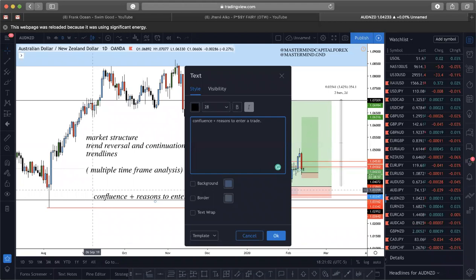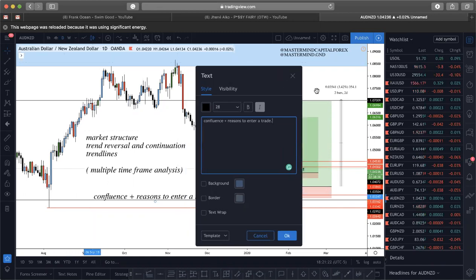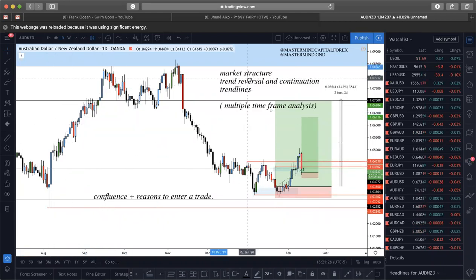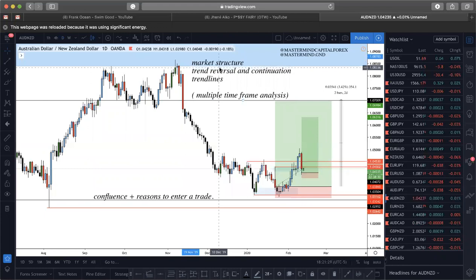So we have to understand market structure, which was taught in a previous lesson, but we're going to go a little more deeper into it. And these confluences, right, all tied into the different time frames, right? So just as a recap, we know that market structure is basically how the market moves, right? We know the market moves up, down, and sideways. When it moves up, it's in an uptrend.